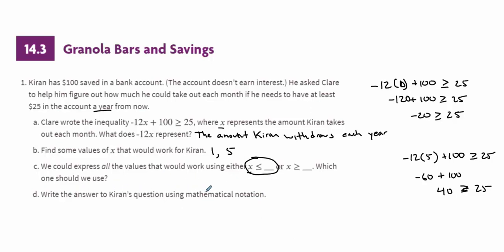Write an answer to Kieran's question using mathematical notation. So I'm going to try and figure out what exactly that is. Negative 12 times x plus 100 is greater than or equal to 25.